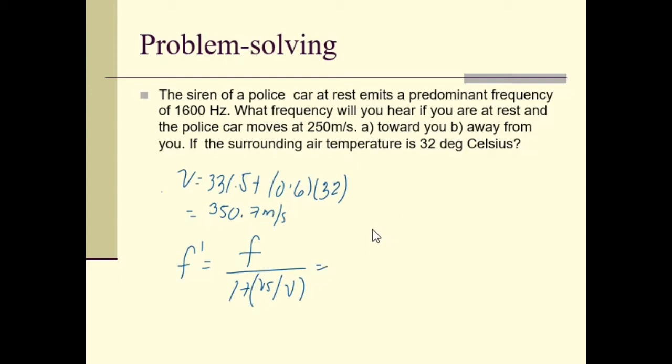So substituting it, we have 1600 Hertz divided by 1 plus the velocity of source, here we have 250, then again the velocity of sound, we have 350.7.